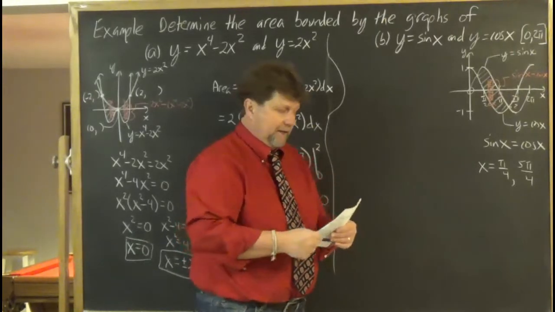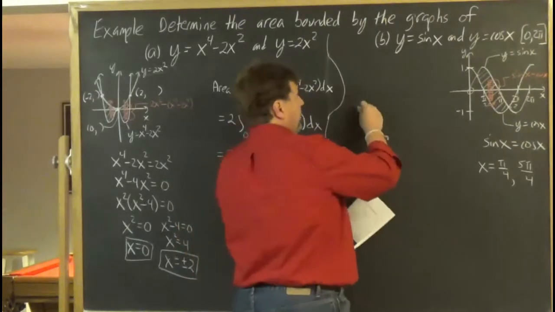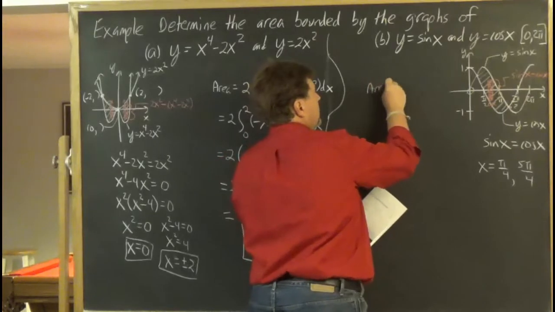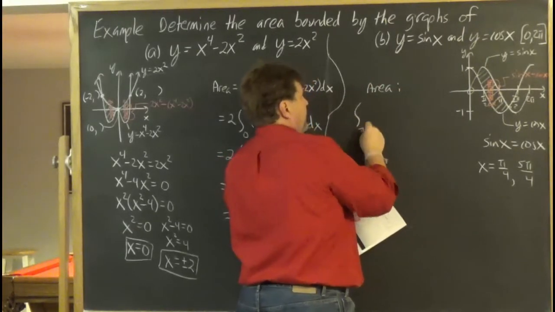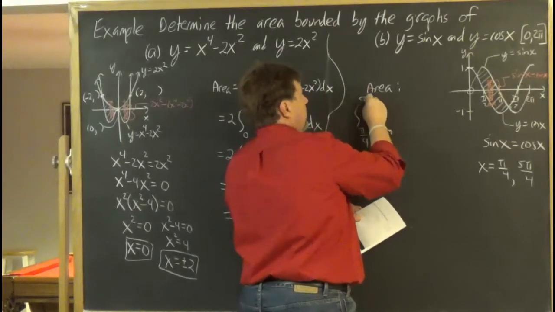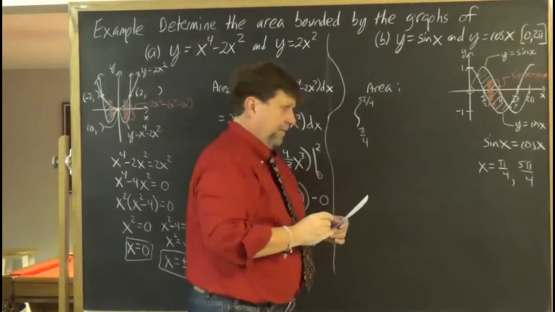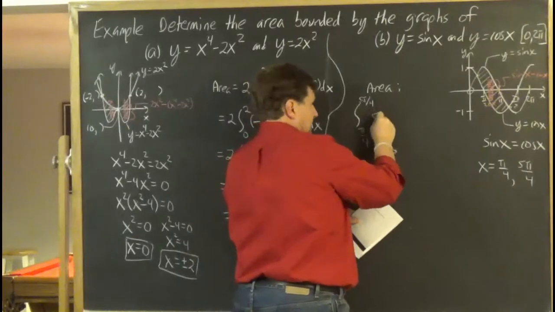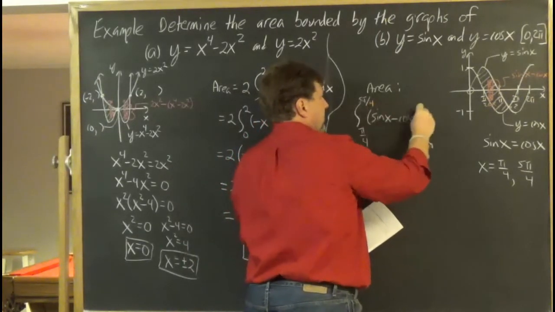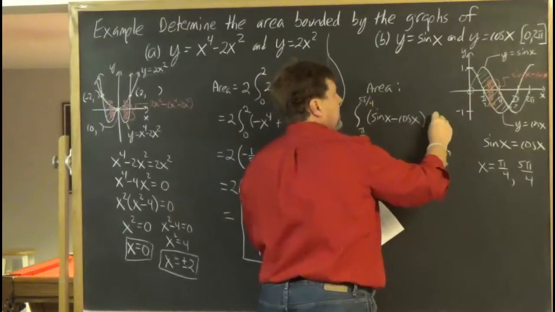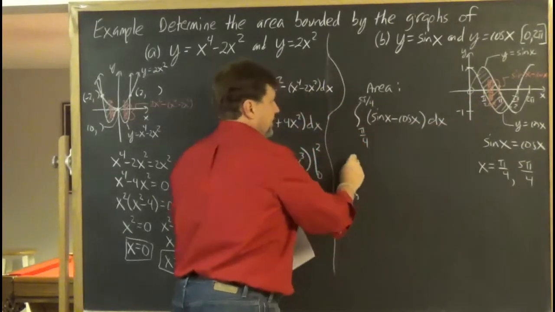So I can now write the definite integral that will find the area. It's the integral from pi over 4 to 5 pi over 4, sine x minus cosine x, that's the height of the representative rectangle, dx.